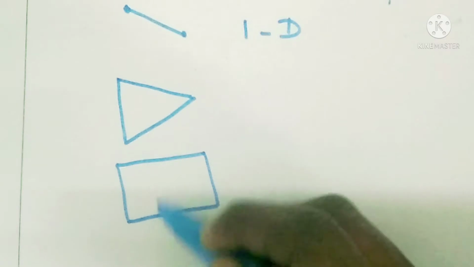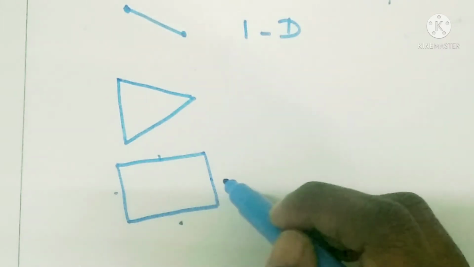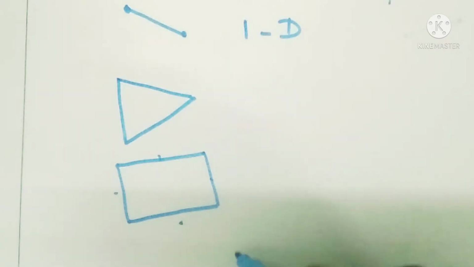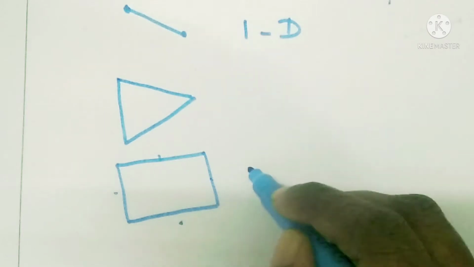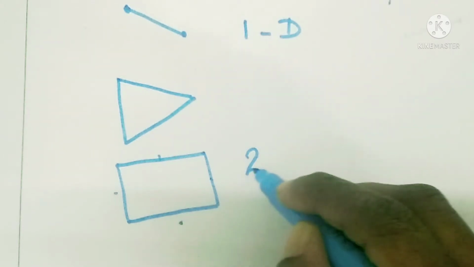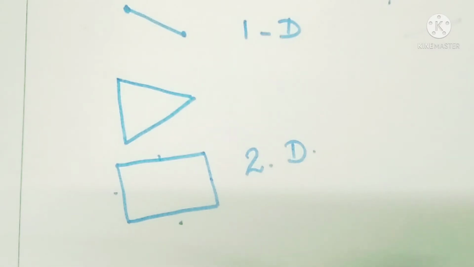So it has both, these two are called the length and these two are called the breadth. So the figures which have length and breadth, okay, they are called 2-dimensional figures or 2D figures.